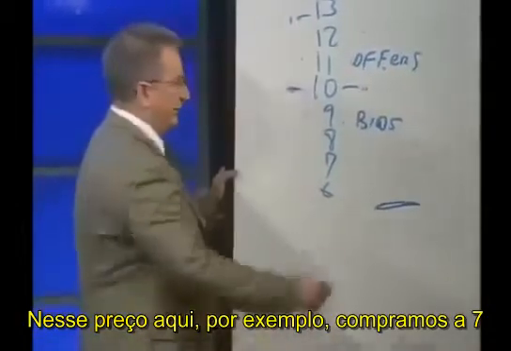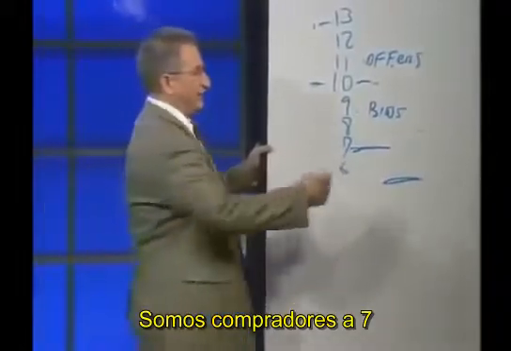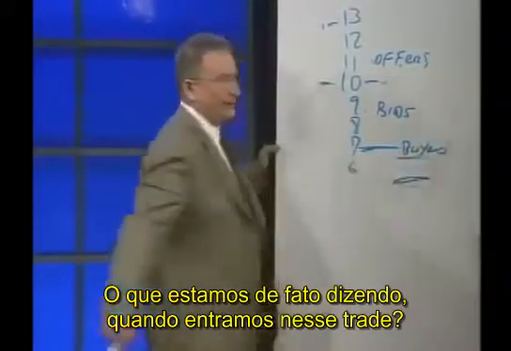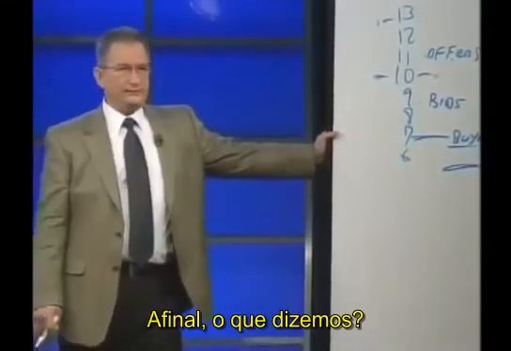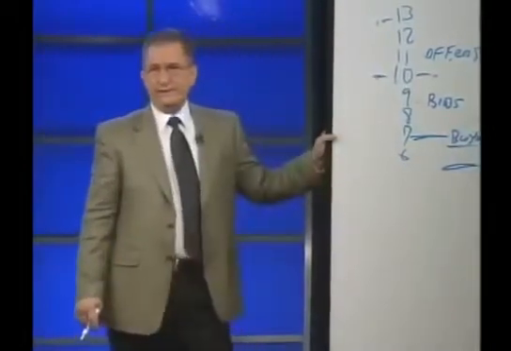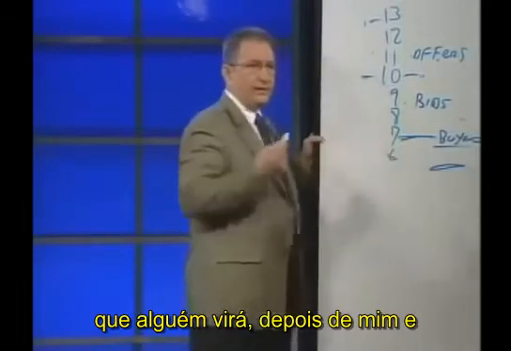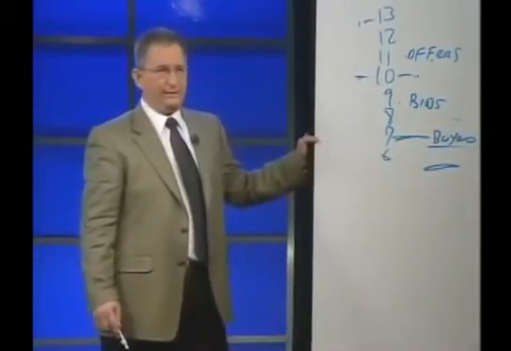Okay? When you and I get into a trade at this price right here, let's say we bought at 7, we're buyers at 7. What are we really saying when we get into that trade? Bottom line, what are we saying, based on the dynamics of what I just explained? We're saying that I think that someone is going to come into the market after me and buy at a worse price than what I did.